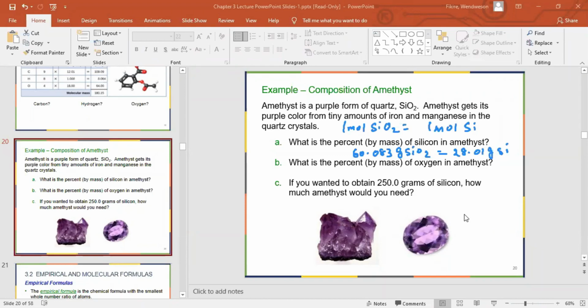Now, if you have 250.0 grams of silicon, how much silicon dioxide do you have? That's why the crisscross comes in. So X, which is the amount of silicon dioxide, would be 250.0 times 60.083 divided by 28.01.